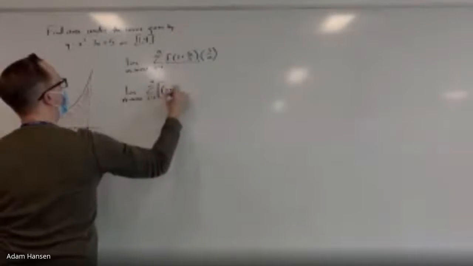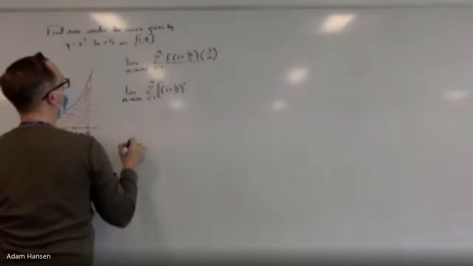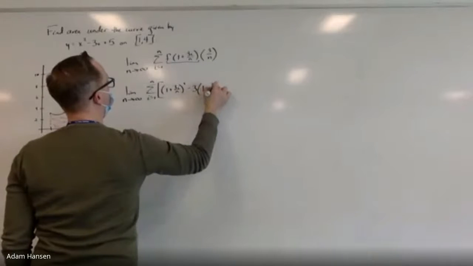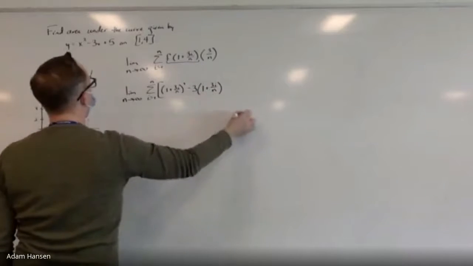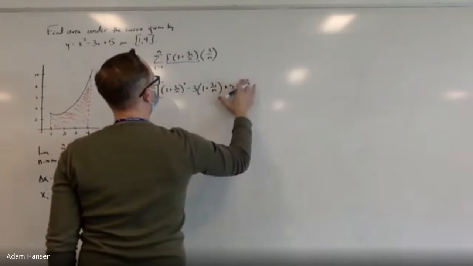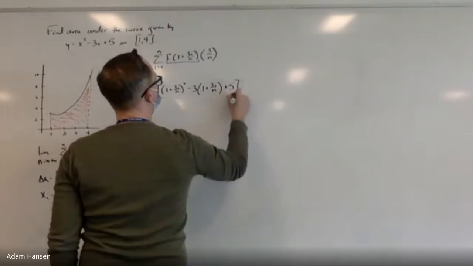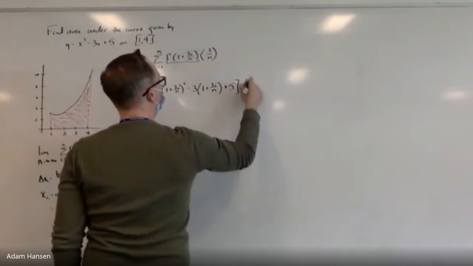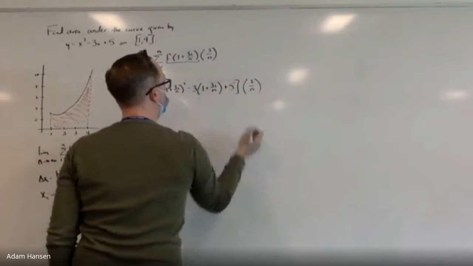So we get 1 plus 3i over n squared, minus 3 times 1 plus 3i over n, plus 5. We're going to bring down the same 3 over n for delta x hanging off on the very right.